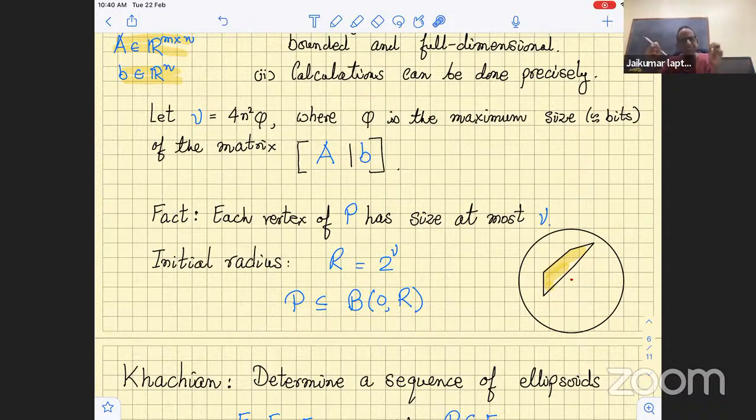That means the total number of bits needed to describe any vertex, all its components put together, will fit into these many bits. This is just a routine calculation using determinants. The numbers that arise are at most 2 to the nu, because they can be written in nu bits.